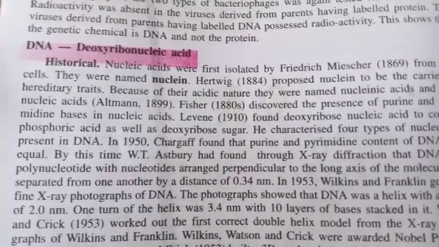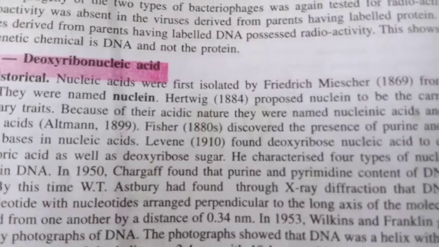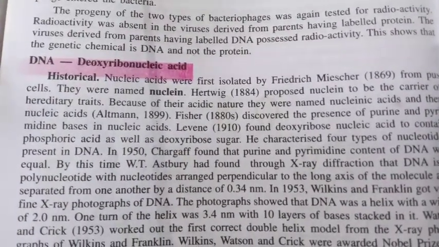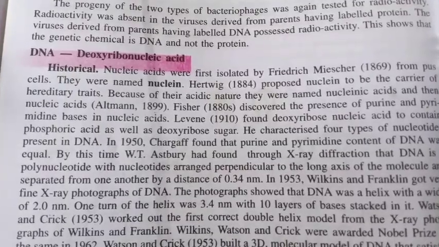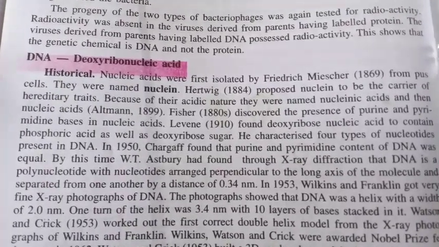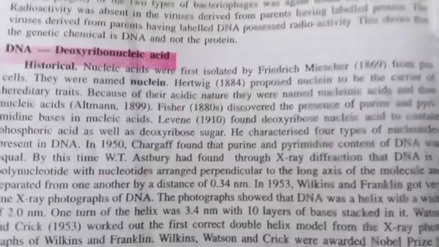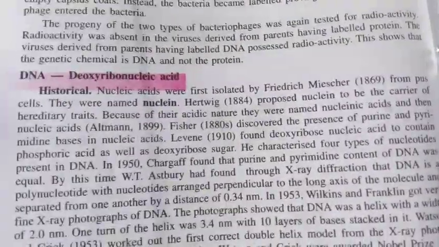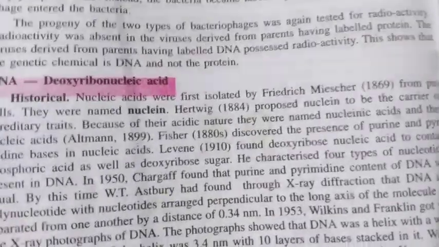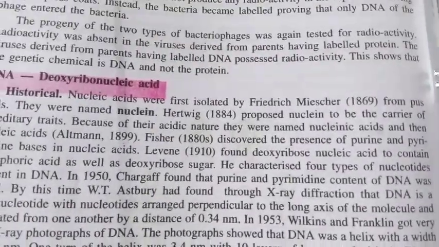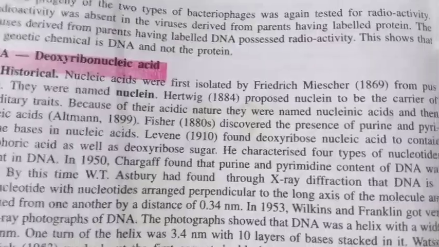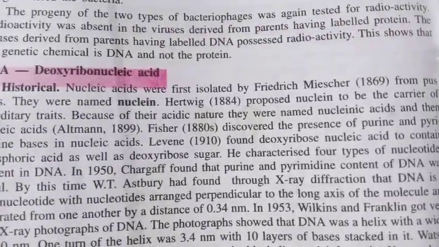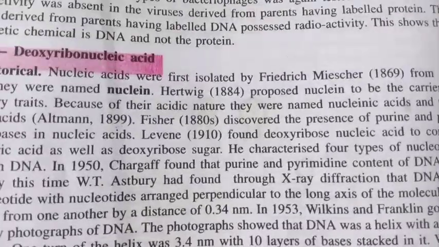Then Hertwig in 1884 proposed nuclein to be the carrier of the hereditary traits, and because of their acidic nature, they were named nucleinic acids, and then nucleic acids by Altman in 1899.